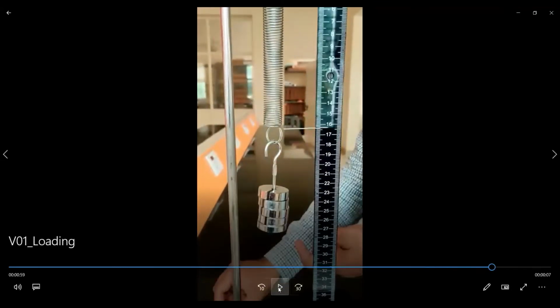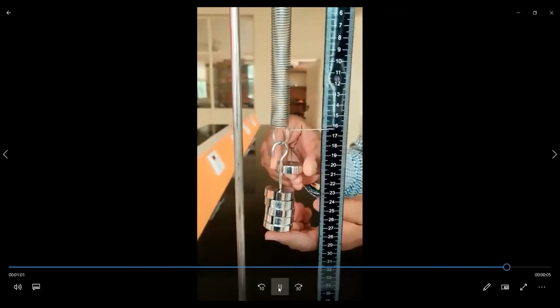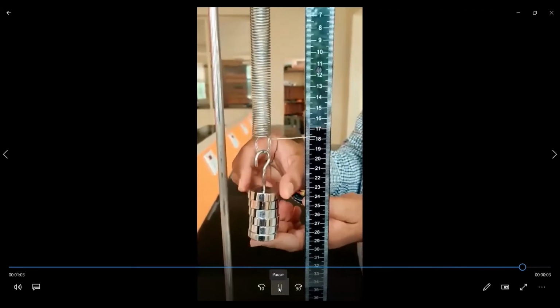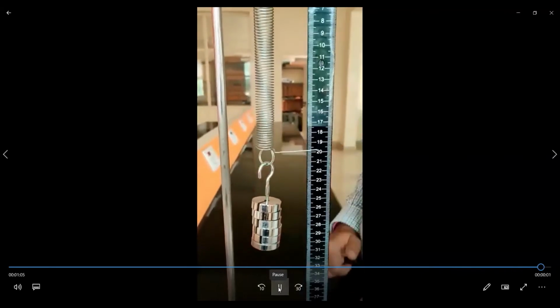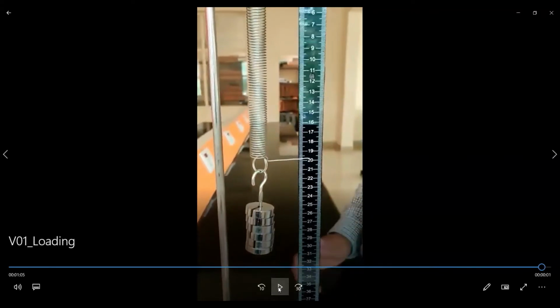Extension for a load of 250 gram force. And finally, extension for a load of 300 gram force. That is not the end. We have to record the extension during unloading as well and take the average of these two values as the average extension.